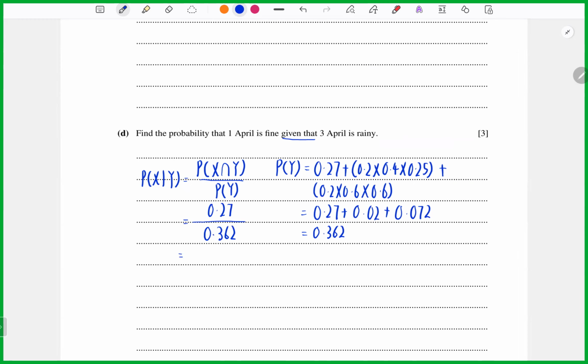So 0.27 over 0.362 gives 0.746. So that is your answer.